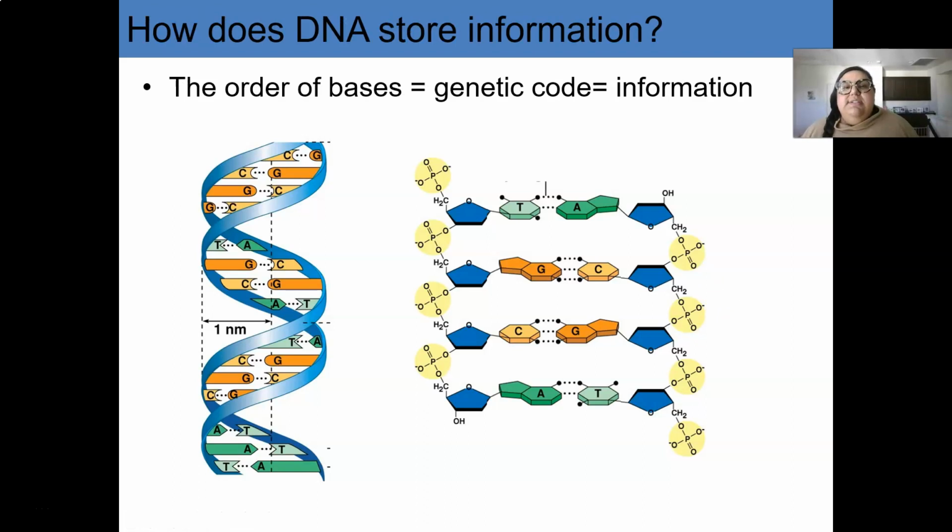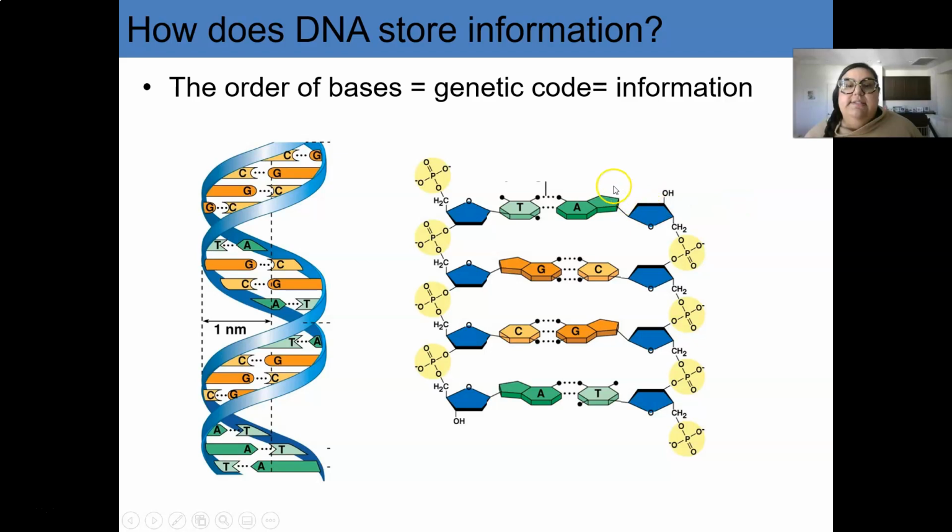So then how do all these molecular structures, when we're talking about purines and pyrimidines and backbones, how does DNA store information? It's really the order of the bases, of those nitrogenous bases, that creates the genetic code, and that equals information.